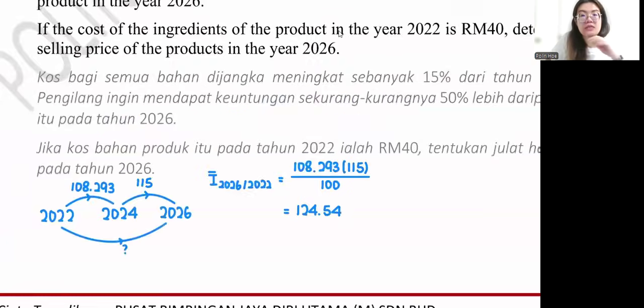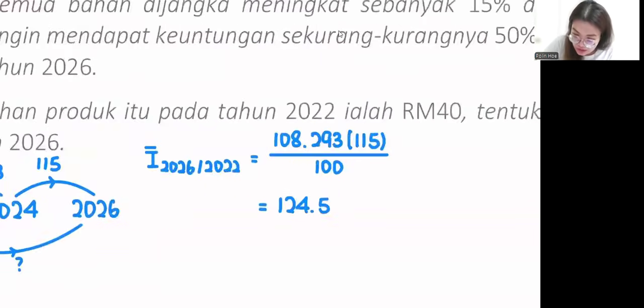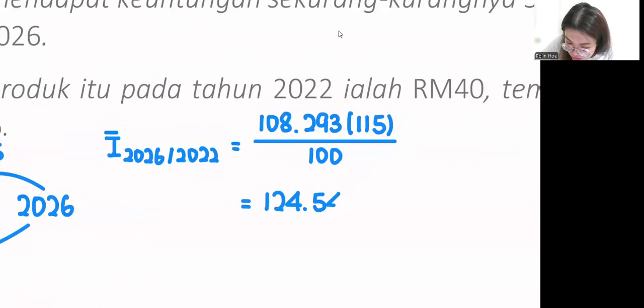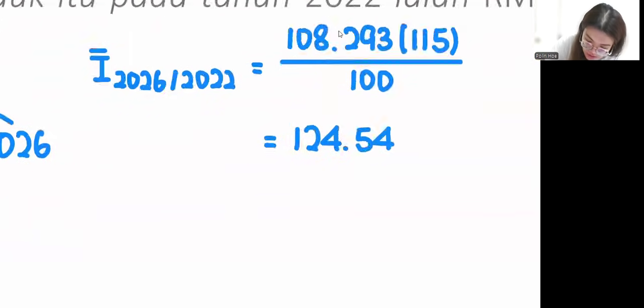这个是什么？These are all the costs. 它是它的成本。Now I know that in the year 2022, the cost is 40 ringgit. 2022年的时候它是40块。How much is the cost in 2026? 所以我2022年的时候，它的 cost 2026, I don't know, I want to find.